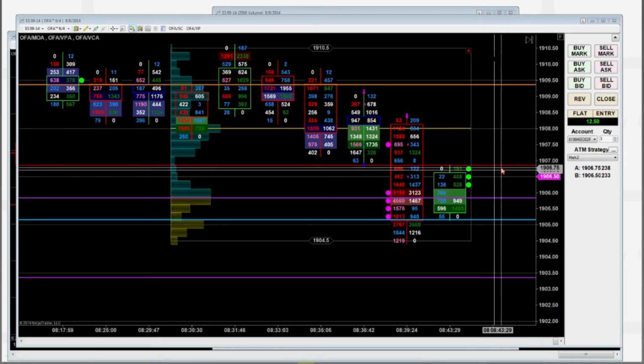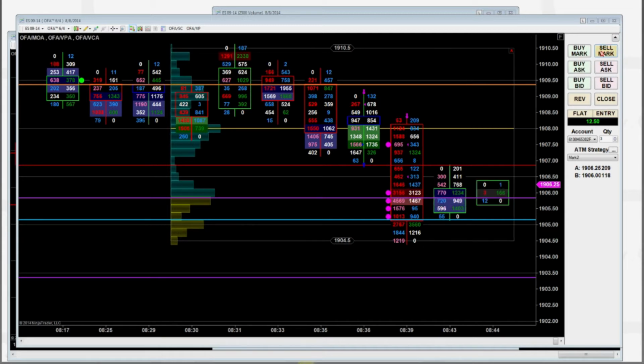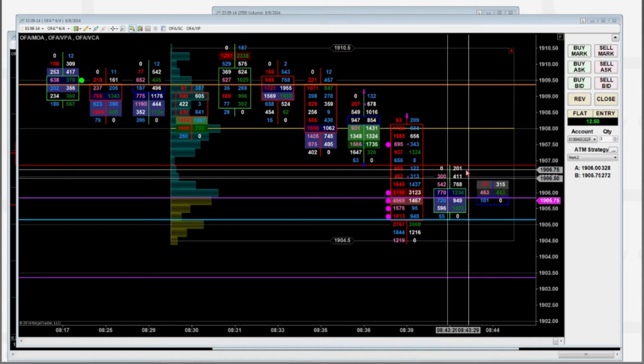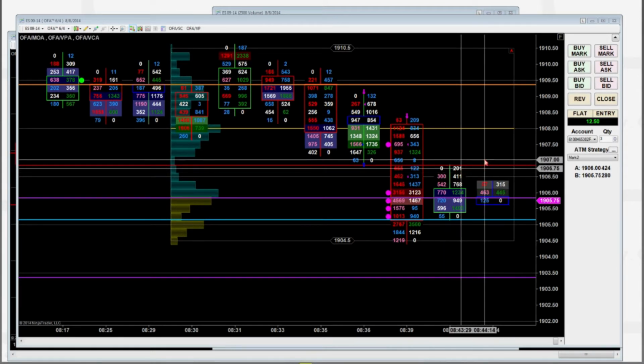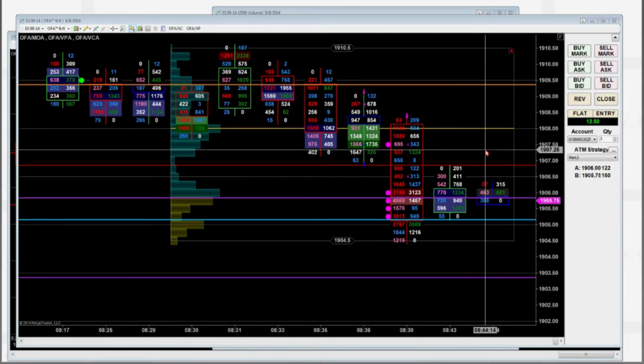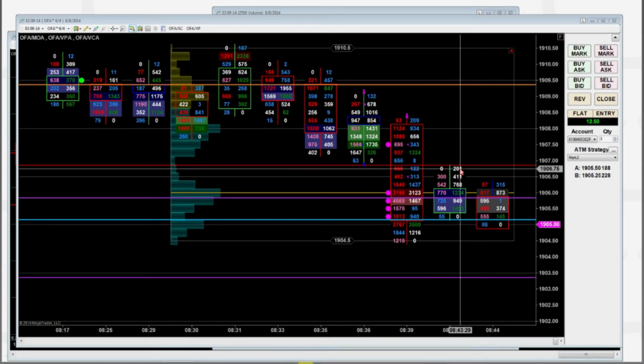Okay, we're coming back up to this level, looking for a little bit more strength and relative weakness in the offer, strength at the bid. And you can see how that came back up.